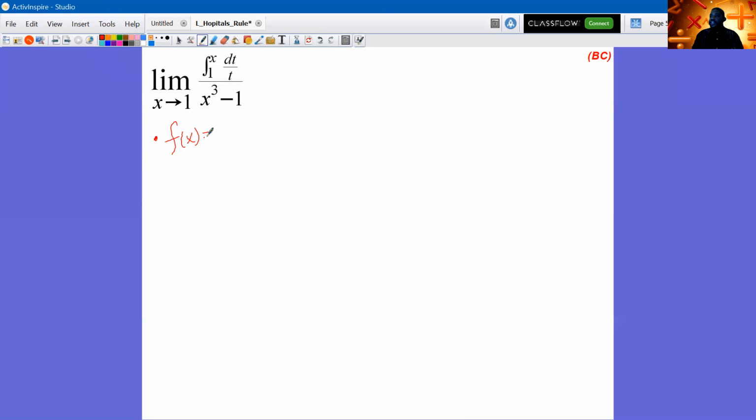So that integral is a function of x because there's an x as one of your bounds. I know they're both differentiable at x equals 1. So now I'm going to check indeterminate forms to see what happens.